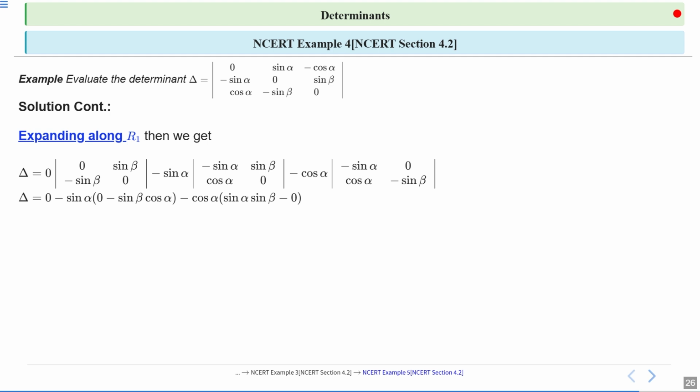Minus sin alpha, then the determinant of minus sin alpha into 0, that is 0, minus sin beta into cos alpha, and so on; with minus minus plus, it becomes sin alpha into sin beta cos alpha minus cos alpha sin beta. The first one has a positive sign, the other a negative sign, both cancel out, so the determinant is 0 for this matrix.